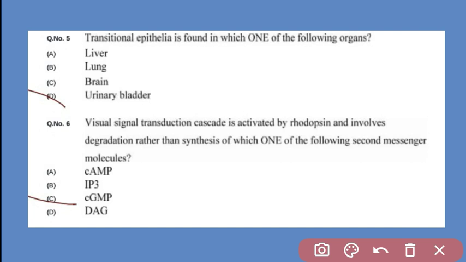Like other G protein coupled receptors or GPCRs, rhodopsin exists in an equilibrium between its activated and inactivated form. Activated rhodopsin catalyzes replacement of GDP by GTP on the alpha subunit of a heterotrimeric G protein. So option C, that is cyclic GMP, is the answer of this question.